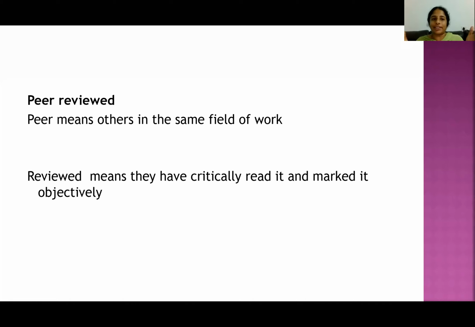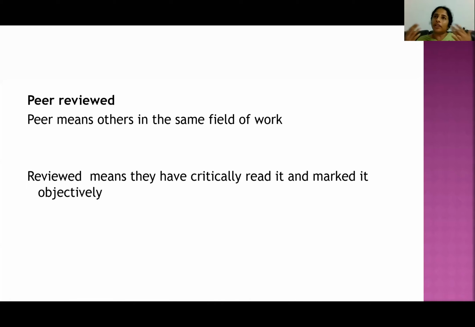The journal has a set of reviewers. The journal has an editor. The editor reads it. If it is good enough, he will send it to the reviewers. The reviewers will also read it, and then the reviewers will say that this is good enough, go ahead, publish it. Or the reviewers say this is not good enough, it should be discarded.